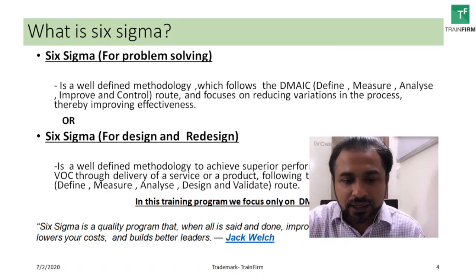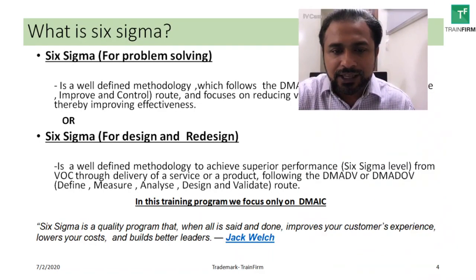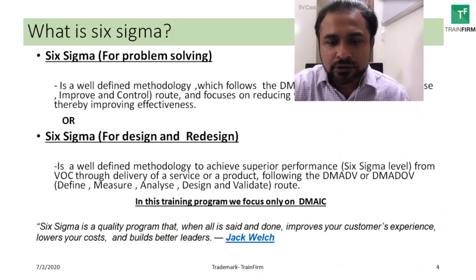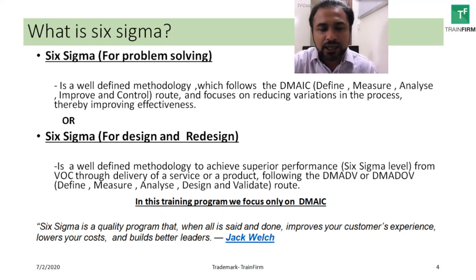So it's about variation reduction and improving the process effectiveness. Whereas in the case of DFSS, or if it is to do with designing or redesigning a process, when there is an existing process and you want to enhance the performance by redesigning it, that is called redesigning that process. Or if there is no process at all, we are defining a new process, and when we are designing it, we are ensuring that the process will be capable of operating at Six Sigma levels, right? So that's called a design project or a redesign project.